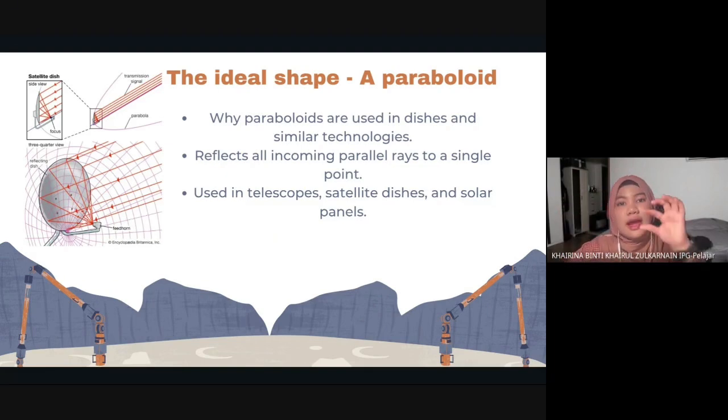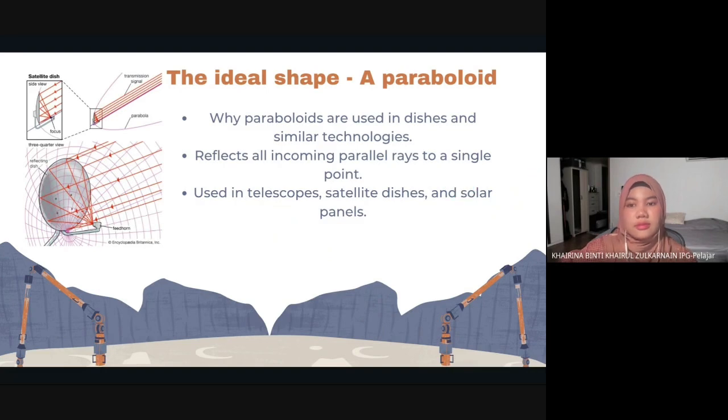We use the ideal shape, which is a paraboloid. Parabolas are used in dishes and similar technologies because they reflect all incoming parallel rays to a single point, which is used in telescopes, satellite dishes, and solar panels.